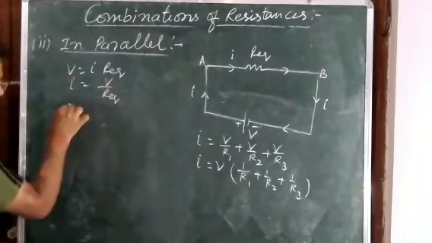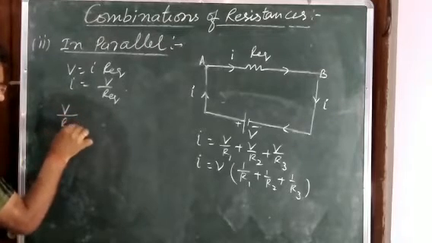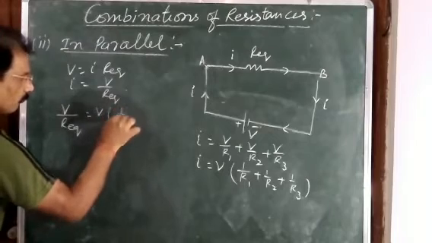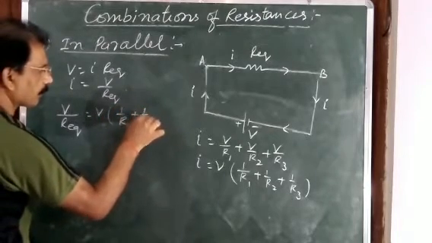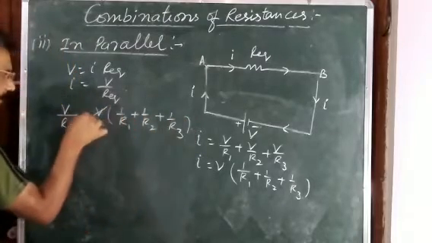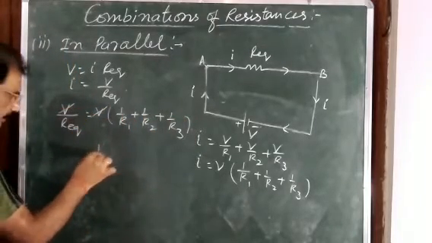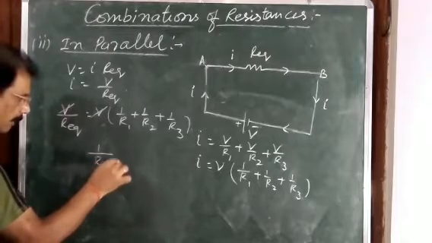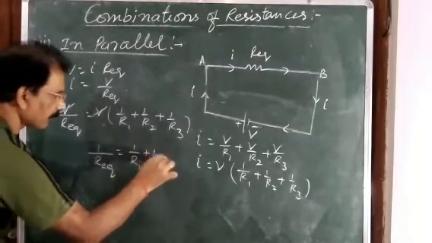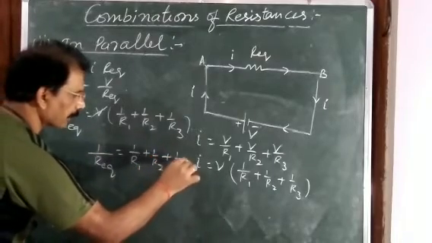So finally we can write V upon R equivalent is equal to V times 1 upon R1 plus 1 upon R2 plus 1 upon R3. V is cancelled by V, and finally you will get here 1 upon R equivalent is equal to 1 upon R1 plus 1 upon R2 plus 1 upon R3.